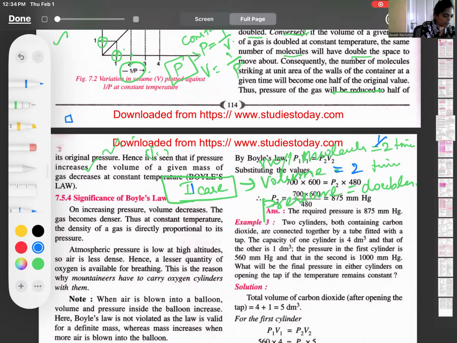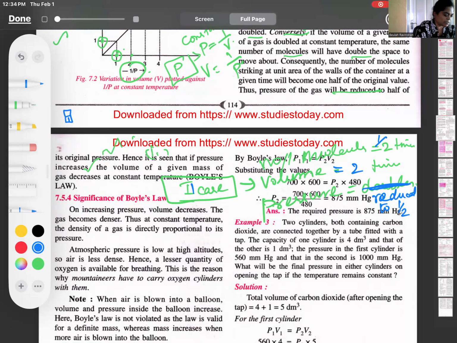In one space, 1 molecule; in 2 spaces, half a molecule only. So 2 spaces are allotted for 1 molecule, so we can conclude half. That means the number of molecules is reduced to half, so the pressure also is reduced to half. This is the second case.